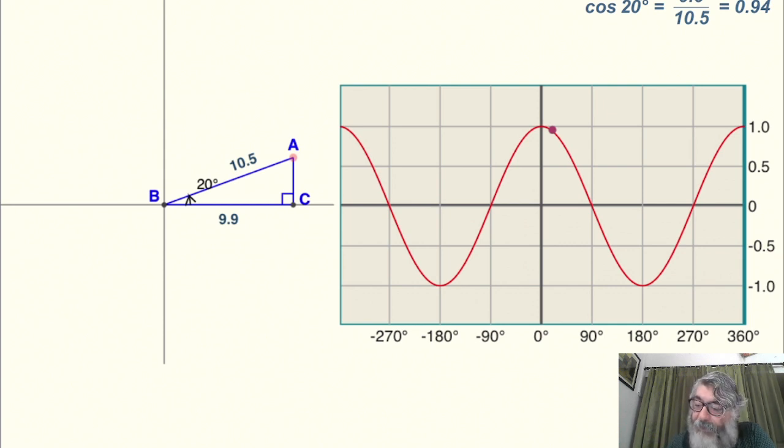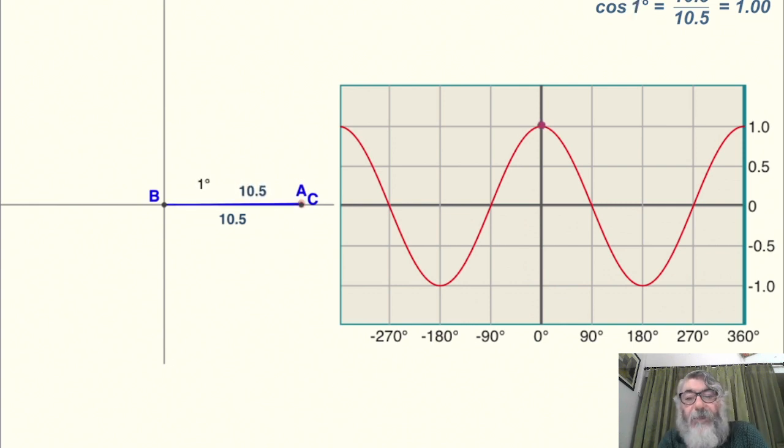When I bring A exactly on top of C, what has happened? Hypotenuse and base have become the same, and that is because the perpendicular has become 0. If you remember, yesterday sine 0 was 0, because sine is perpendicular upon hypotenuse.